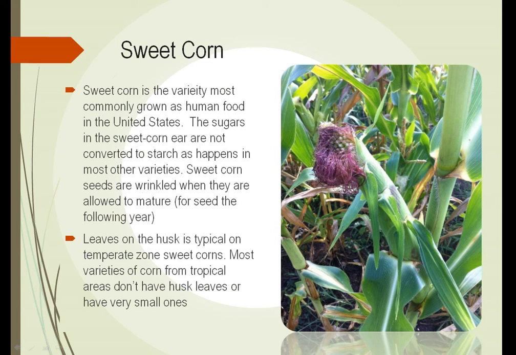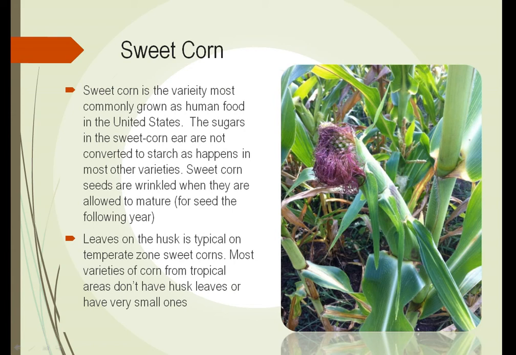In the U.S., we eat a lot of sweet corn. The sugars that exist in the seeds of sweet corn don't get converted to starch to the extent that they do in the other types of corn. And that's why sweet corn is typically sweet, where the name comes from.